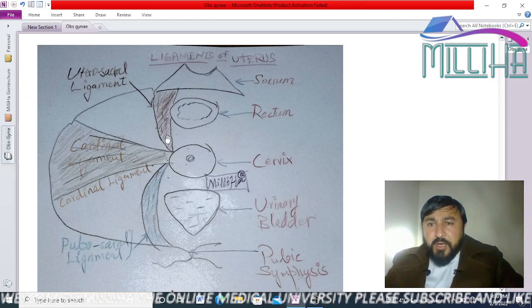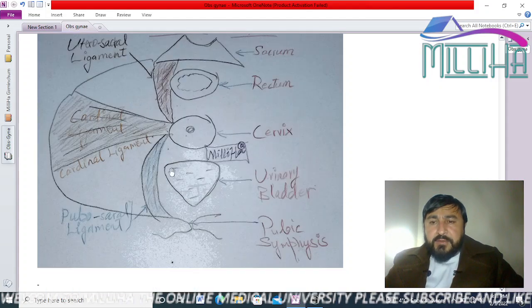Now the ligaments. This is the uterosacral ligament. This ligament is the cardinal ligament or McEnroe's ligament. This is the largest or main ligament to support the uterus.